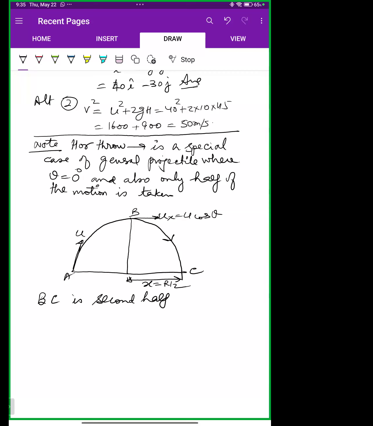So it is a special case where the first half, AB, is missing. Otherwise it is similar. But don't try to use the formula from here to there, or from there to here. You will get confused. I can do those calculations, but you cannot, you'll be confused.